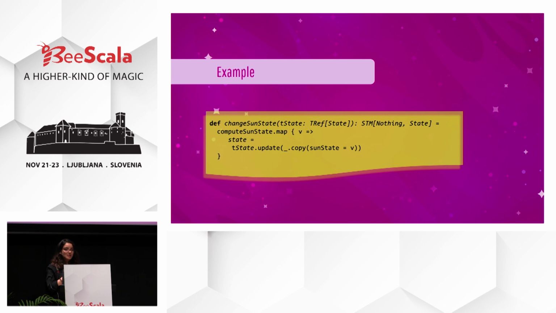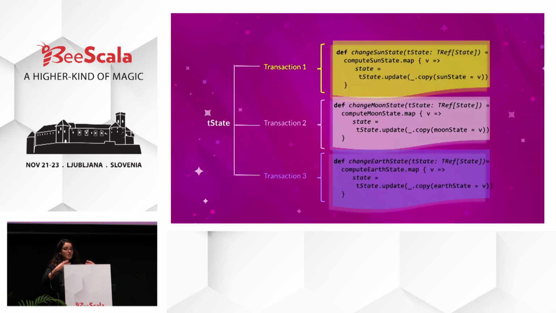The computeSunState will fetch from the tstate using tstate.get, and then it will compute the result, and afterwards we will update the tstate for each component.